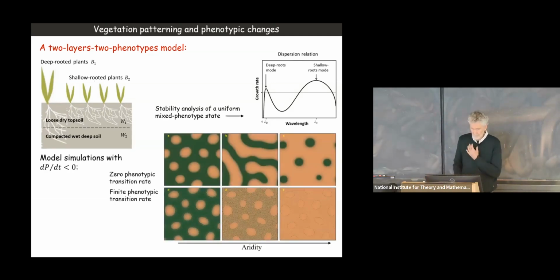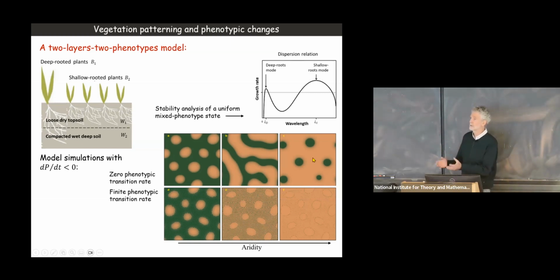So these are numerical simulations. The top row is the case where we switch off phenotypic transitions, no phenotypic transitions, and we get the classical sequence of patterns: gap, stripe, spots.